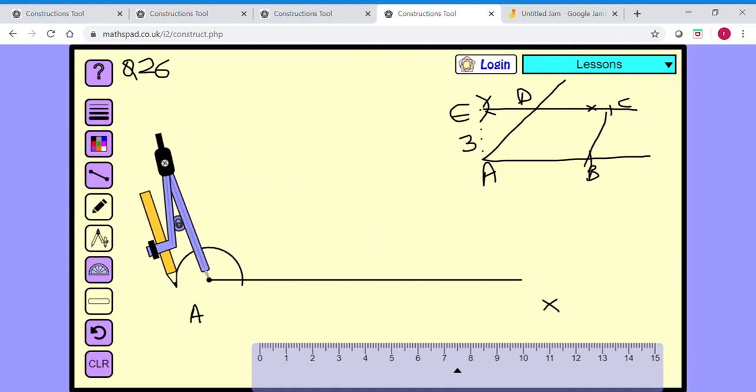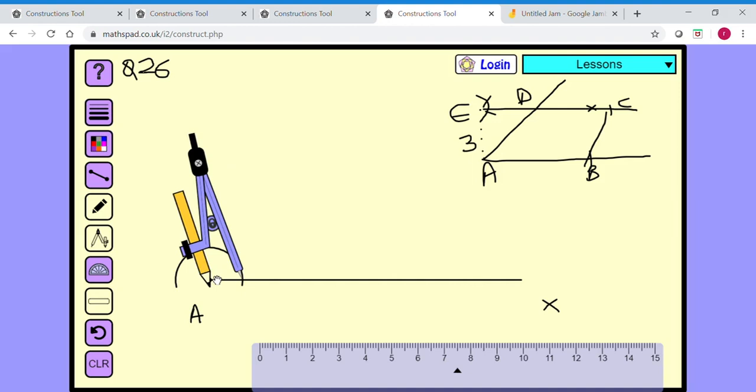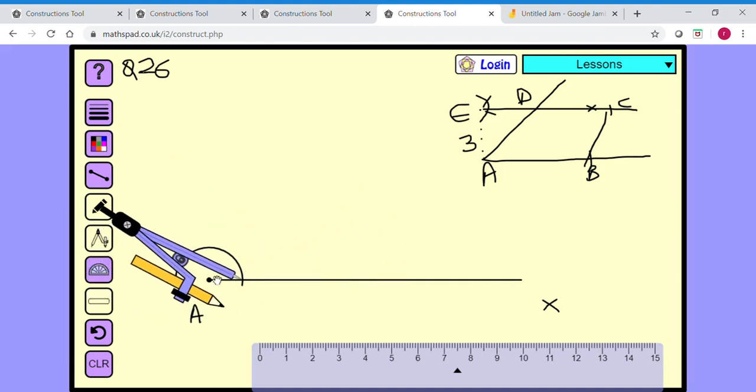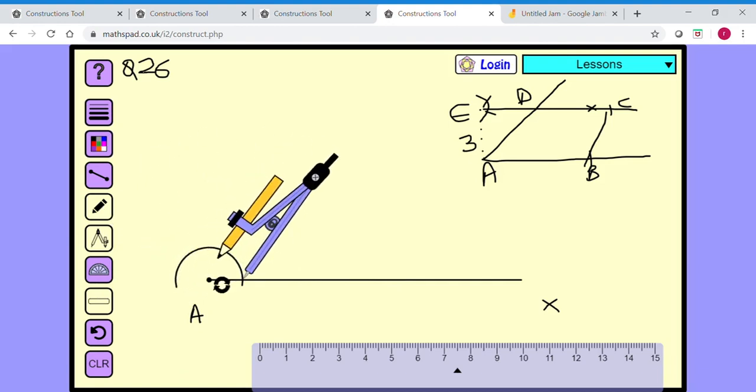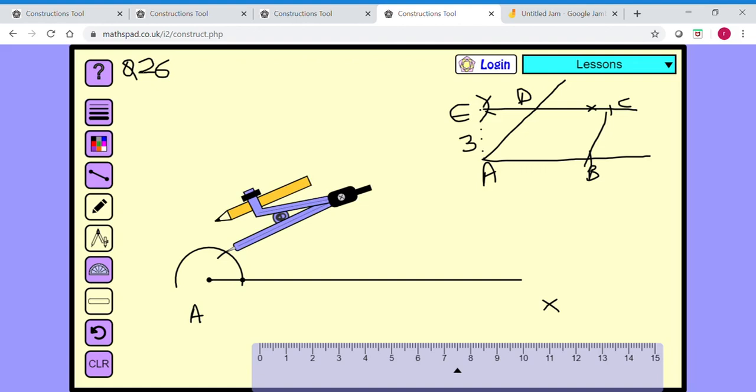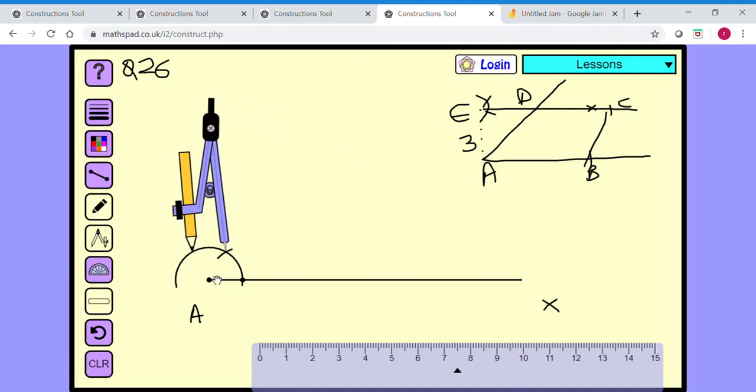Done. Pick it up without changing span, keep it here and make a 60-degree mark. So this is my 60-degree mark. Keep it up, pick it up, keep it here. Yes, and now make the 120-degree mark.